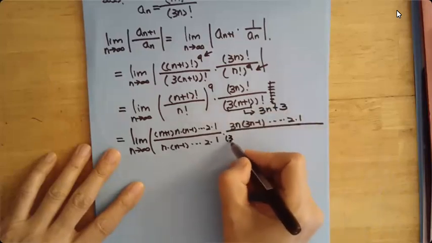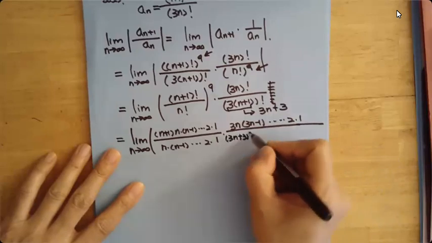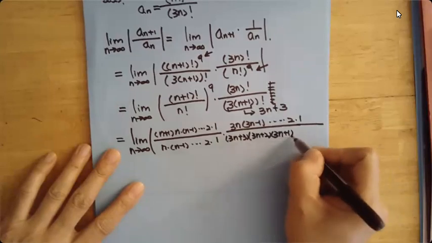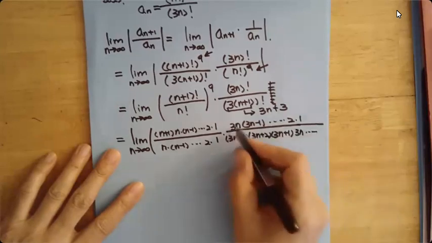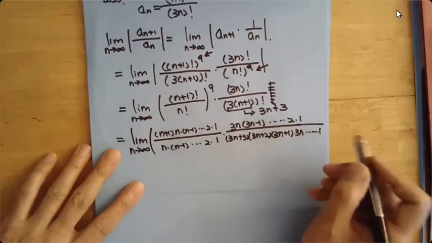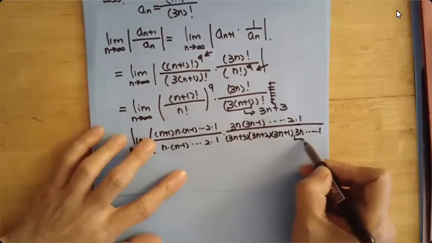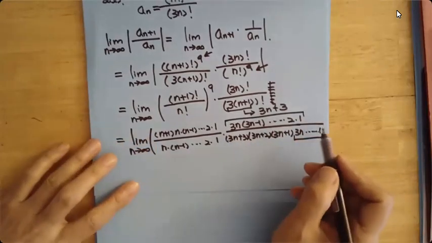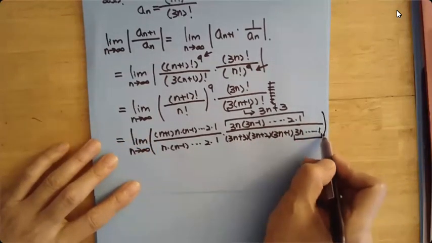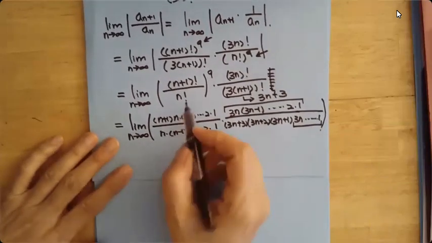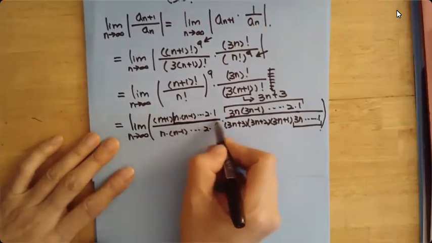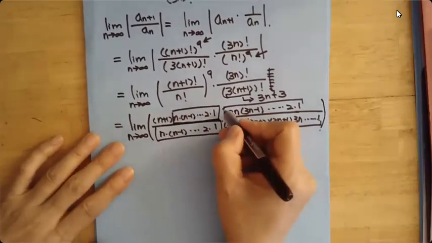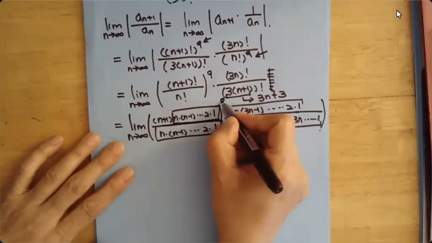So that is (3n plus 3) times (3n plus 2) times (3n plus 1) times 3n, and then the same thing will go on up to n, up to 1. So these two will cancel each other, and for the first part, these two will cancel each other. And we have to raise that to the 9th power.